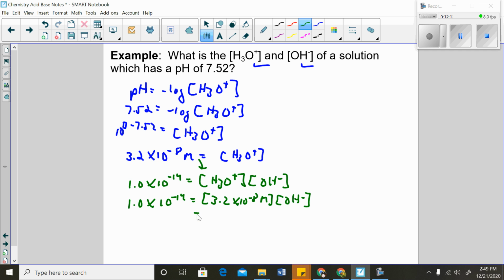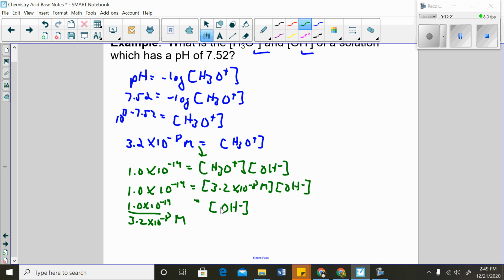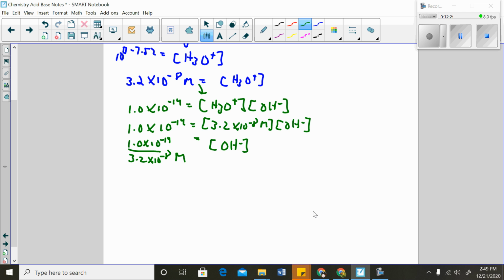Okay, if you want the OH minus by itself, you will need to divide. So you have that fraction key on your calculator, which is right above the 7. You want to press it. In the top part, 1.0, EE to the negative 14. Move the cursor to the bottom, 3.2, EE to the negative 8, and then hit enter.